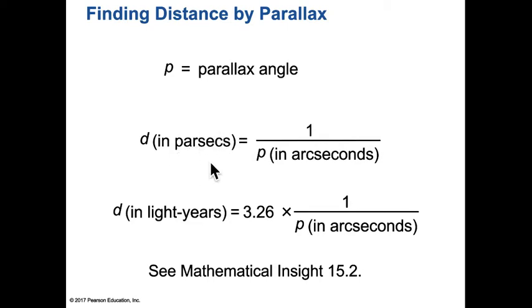If you want to convert from parsecs to light years, you just have to multiply by 3.26. Or in other words, 3.26 light years corresponds to 1 parsec.